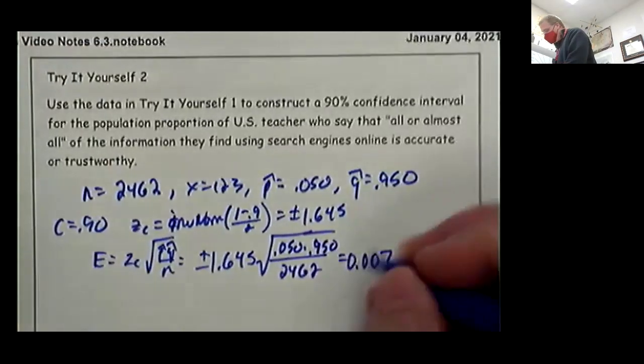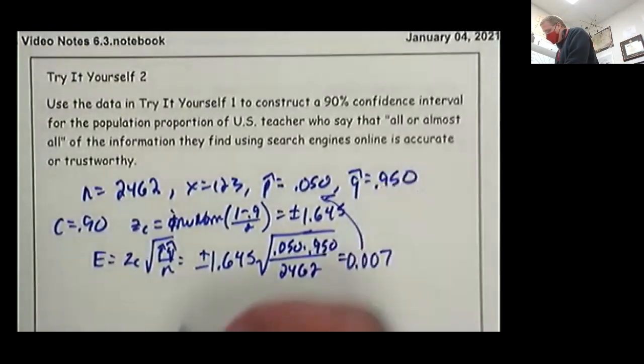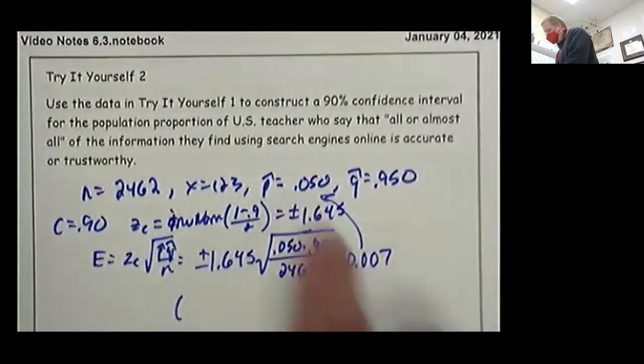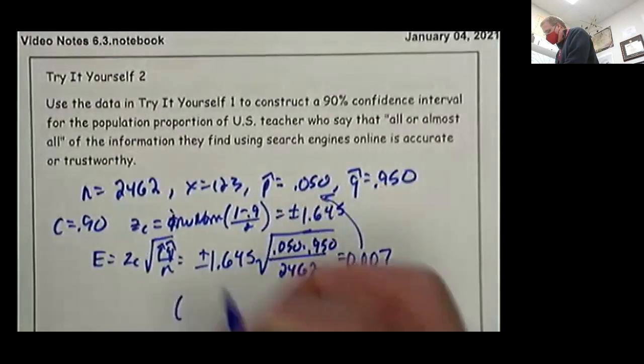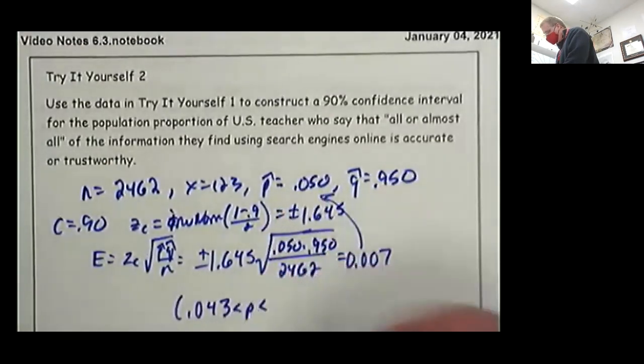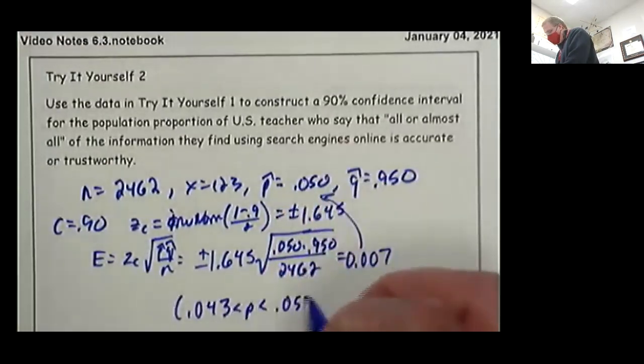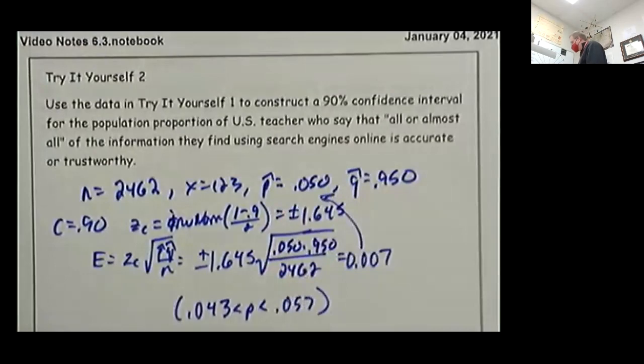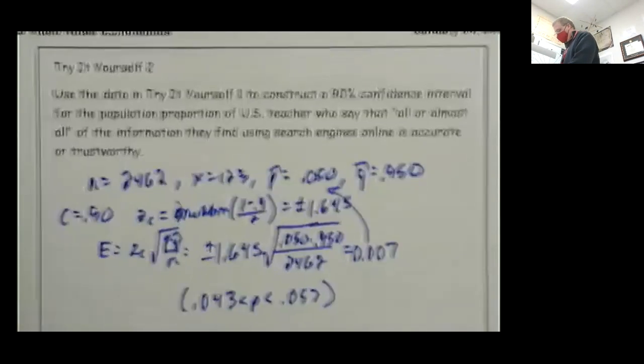We're going to add and subtract that then to our 0.050. So 0.050 minus 0.007 is 0.043, less than p, less than, adding 0.007 would be 0.057.